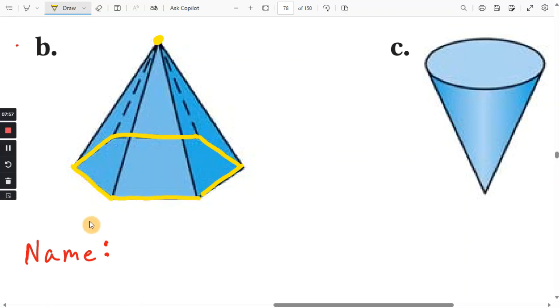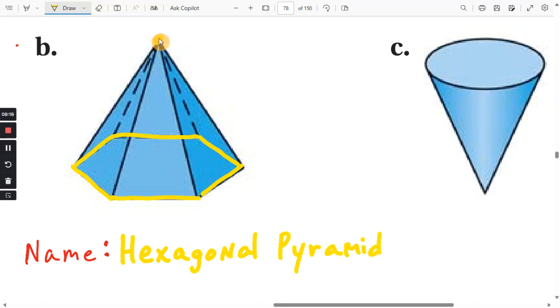That's a hexagon. So the base is a hexagon, and this is going to be a hexagonal pyramid. The pyramid meets at a point, and the base is a hexagon. That's a hexagonal pyramid.